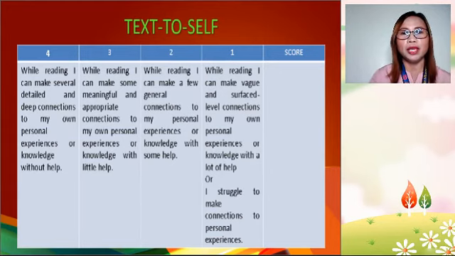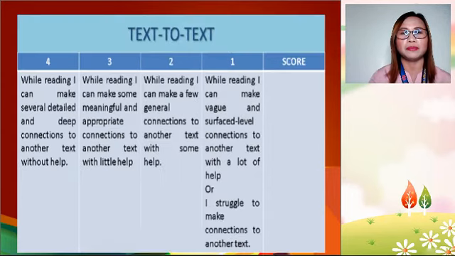And 1 point if, while reading, I can make vague and surface level connections to my own personal experiences or knowledge with a lot of help, or I struggle to make connections to personal experiences.